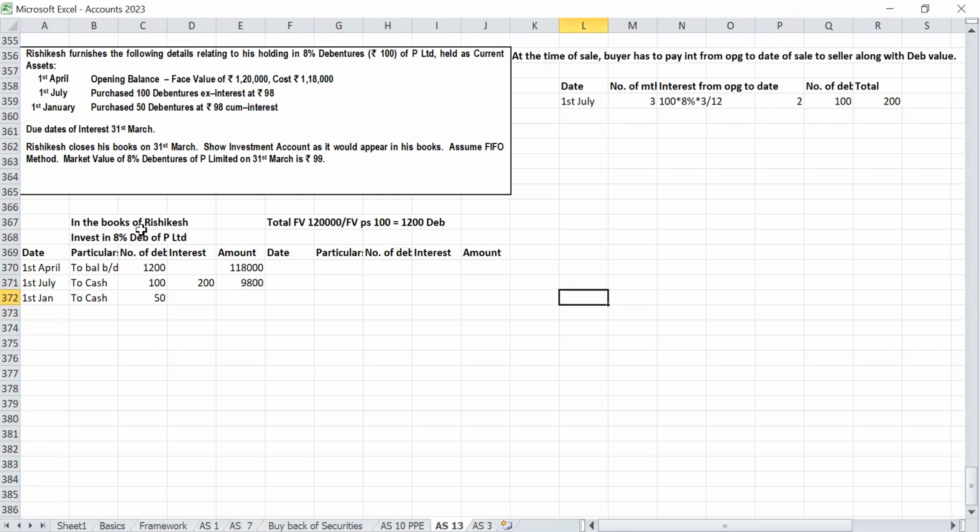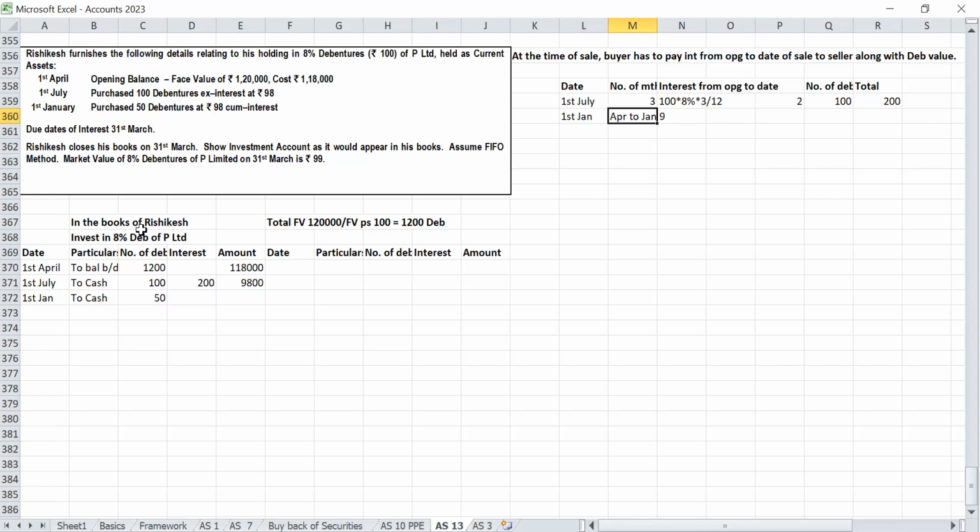Interest you have to compute first. On 1st January, the number of months, 9 months, sir. April to January, 9 months.